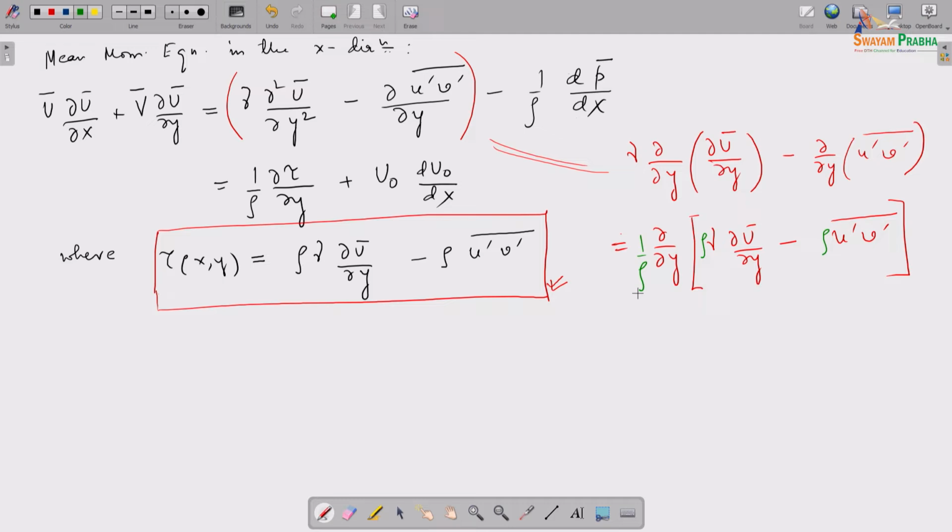Then you see that this term is equal to tau. So 1 by rho del del y of tau is this term. You can just cross check that. Now let us look at this.